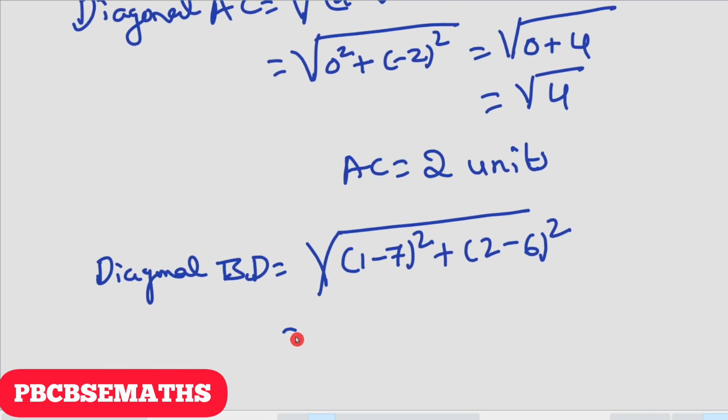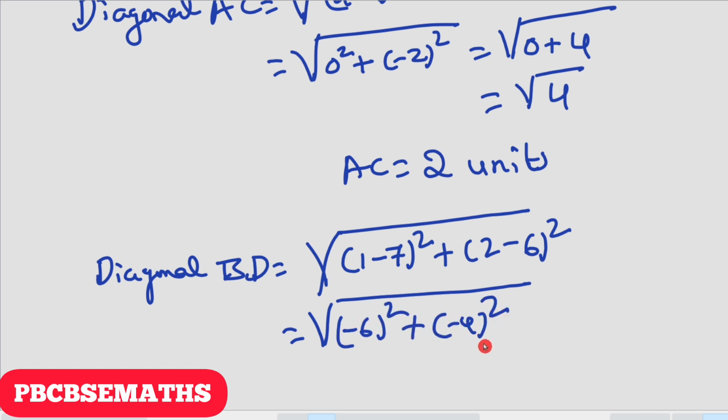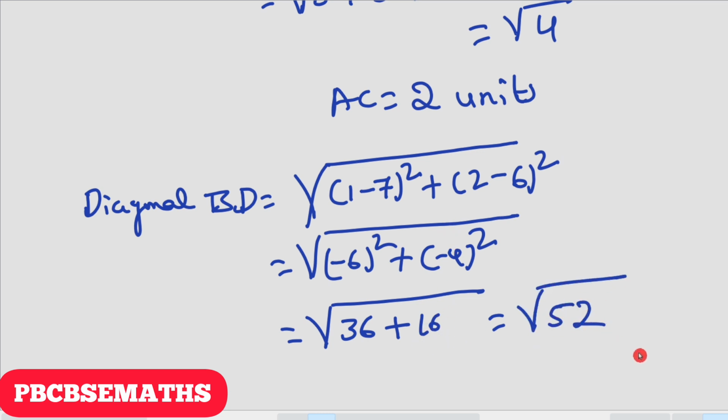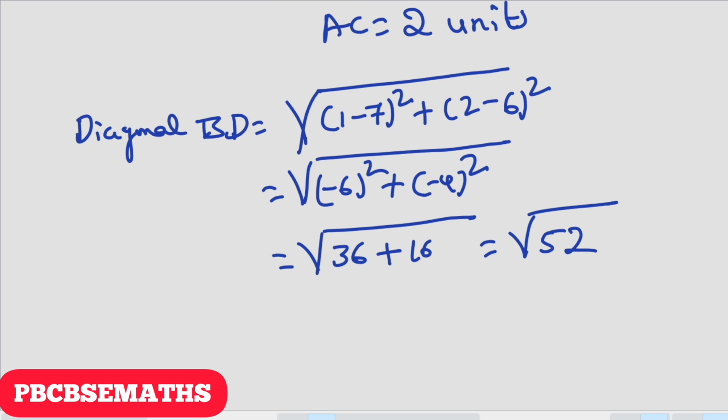Then we can write square root of (1 minus 7) whole square, that is (minus 6) whole square, plus (2 minus 6), which is (minus 4) whole square, which gives us square root of 36 plus 16, so square root of 52.